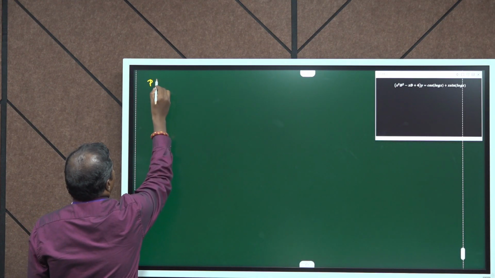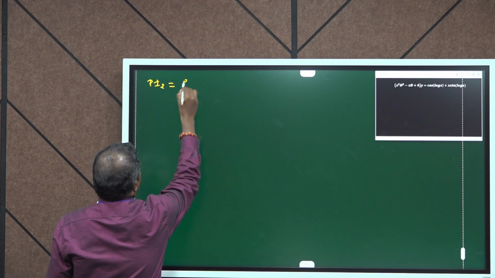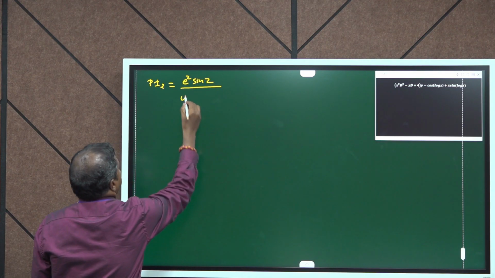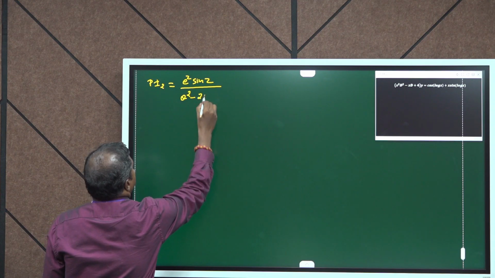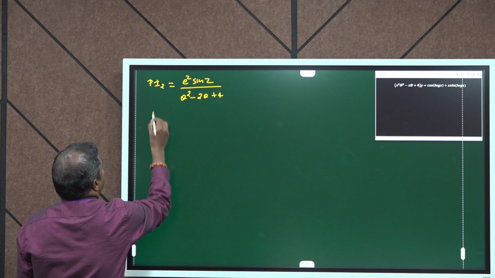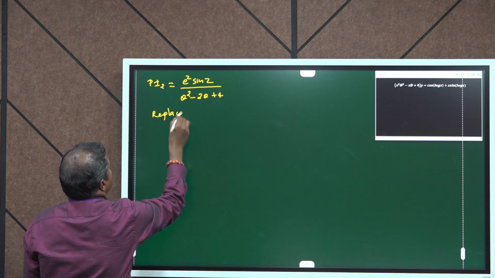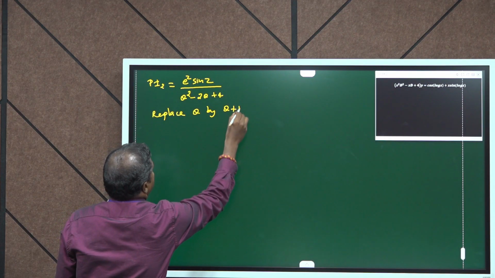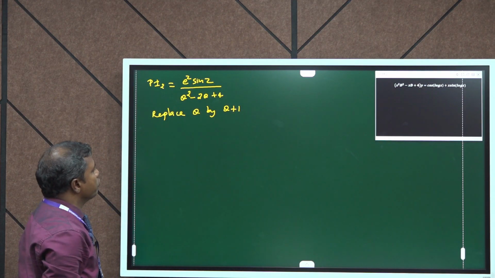So PI2 is e power z sin z by theta square minus 2 theta plus 4. Here the rule is we have to replace theta by theta plus 1, because here e power z and some other function comes.